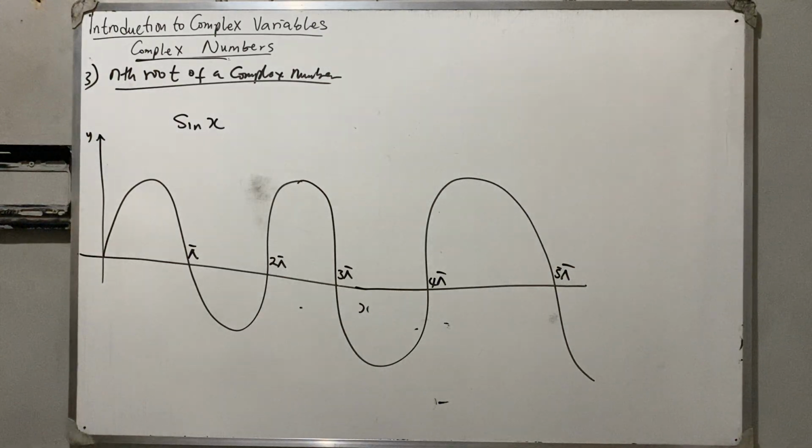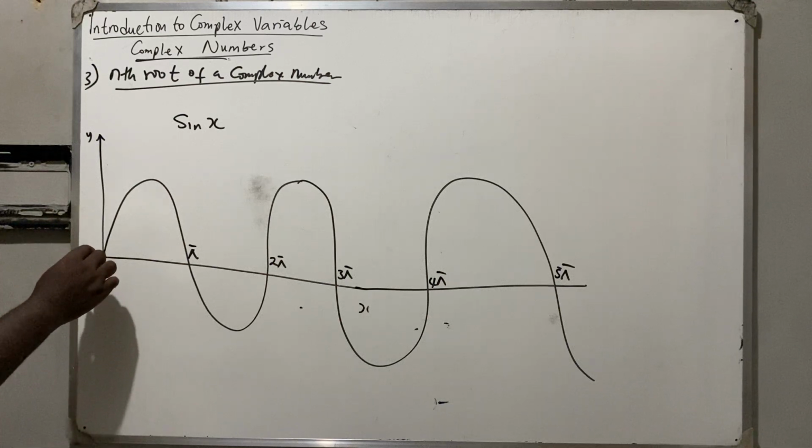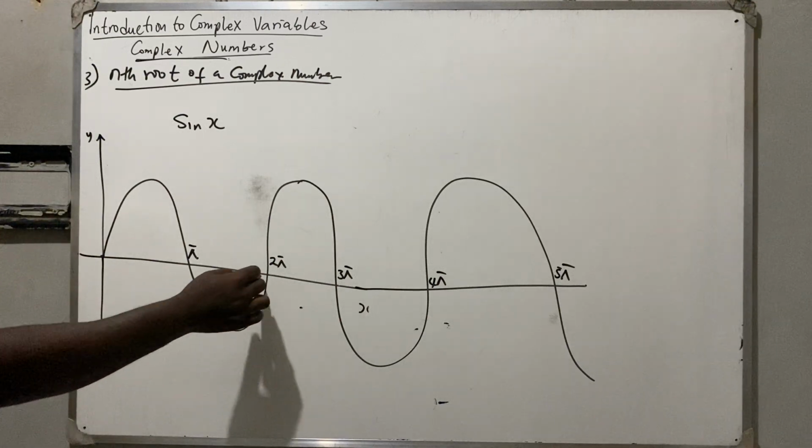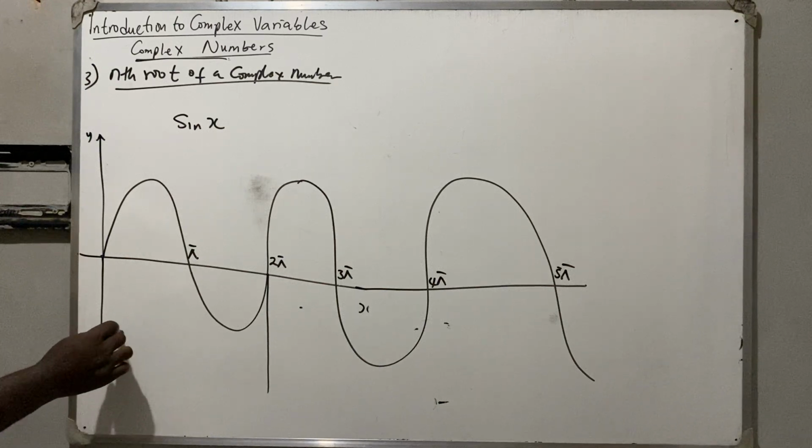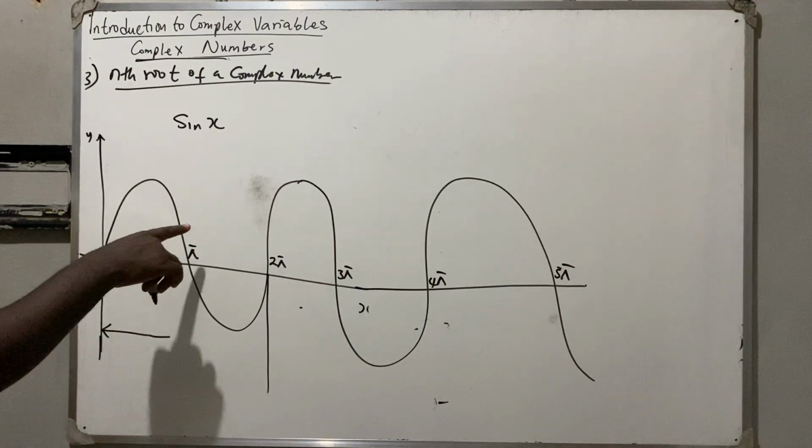Now the next thing we're going to get is the period of sine x. The period of sine x is the time it will take the wave to complete a circle.